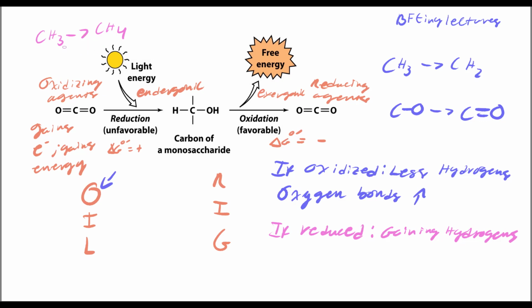So if you gain hydrogens, you're going to be reduced, right? And likewise, if you have less bonds to oxygen, you're going to be reduced. Less bonds to oxygen. So if we go from something like this guy right here, and we go to this guy, we know that we were reduced because the amount of bonds to oxygen was reduced.